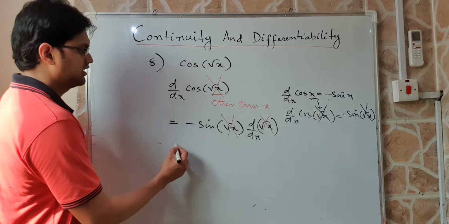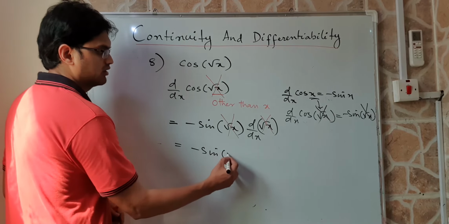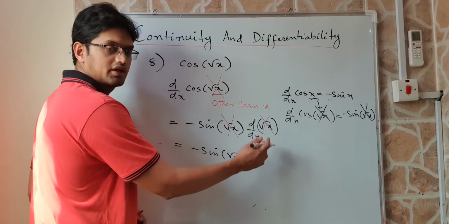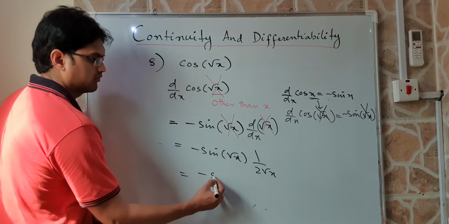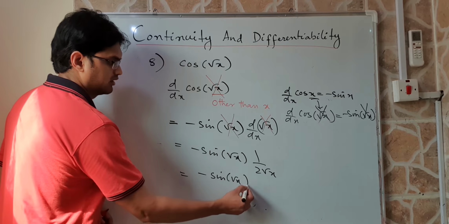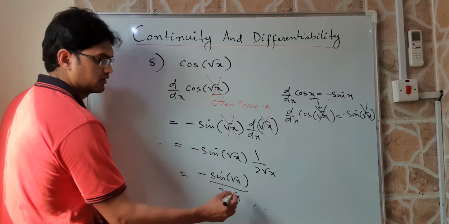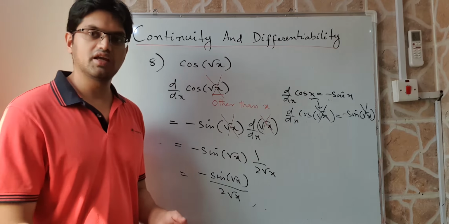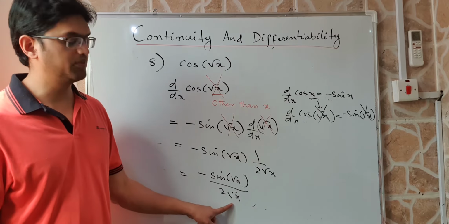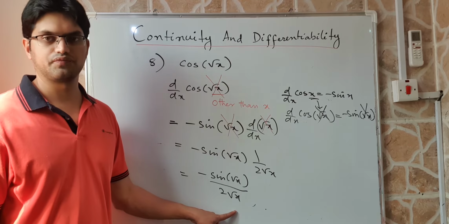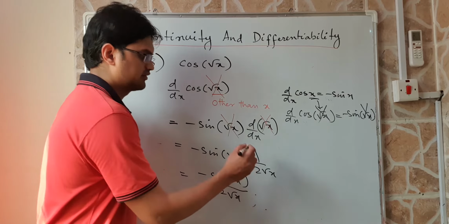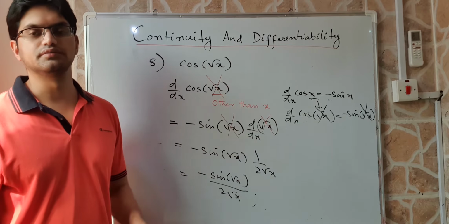Again, what is the derivative of root x? The derivative of root x is 1 by 2 root x. Therefore, minus sine of root x divided by 2 root x. Once again, do not cancel this root x by this root x, as this is an angle and this is a function. Hence, you have the answer till here.